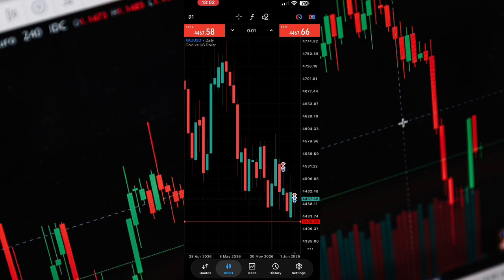You know you have to buy, although there are other confirmations to know whether you buy or sell, except there's a breakout. I'm going to tell you that in the next video, how to identify if there's a breakout or not. But now we are focusing on buying and selling using support and resistance line.